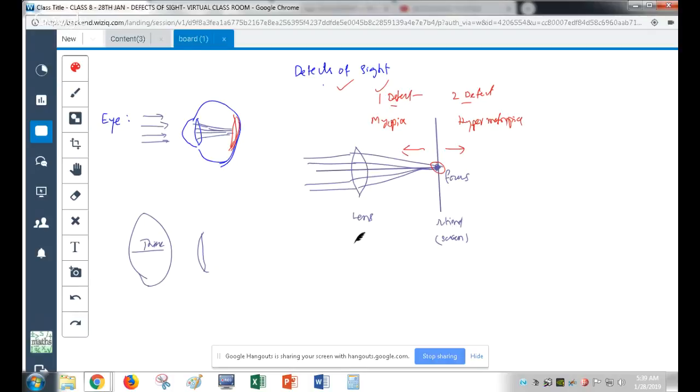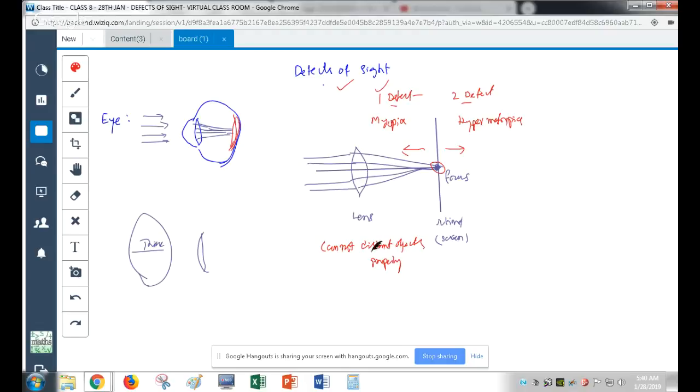These persons can see nearby objects clearly and distant objects blurred. That means they cannot see distant objects properly.